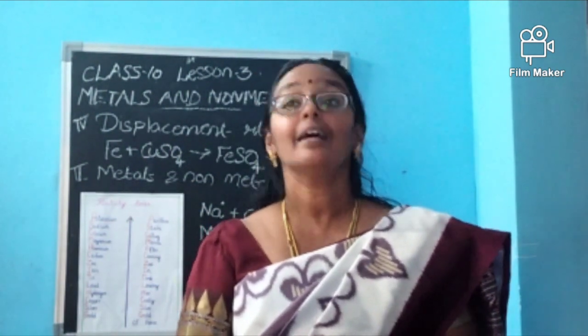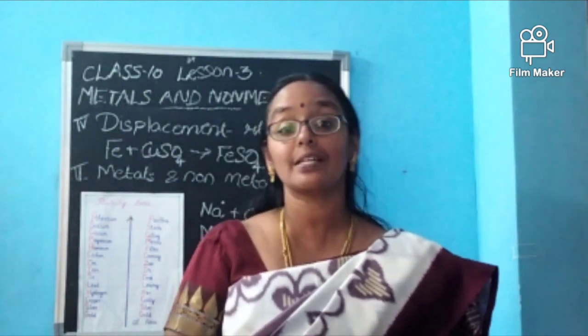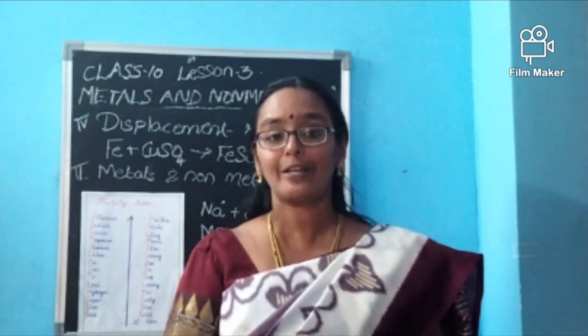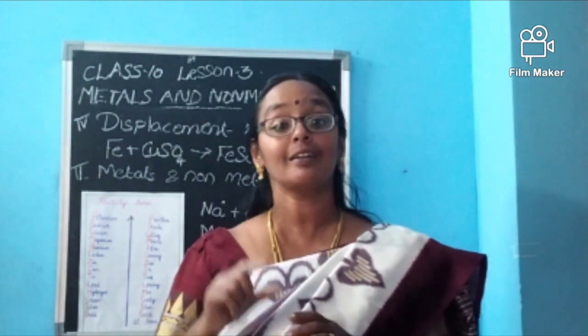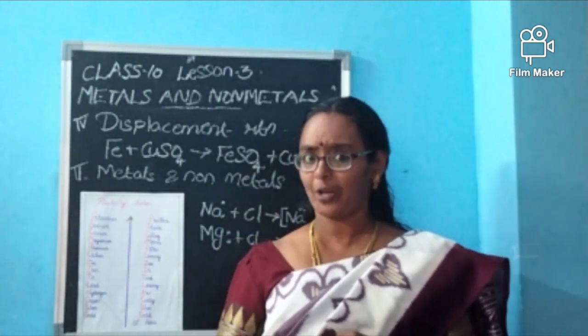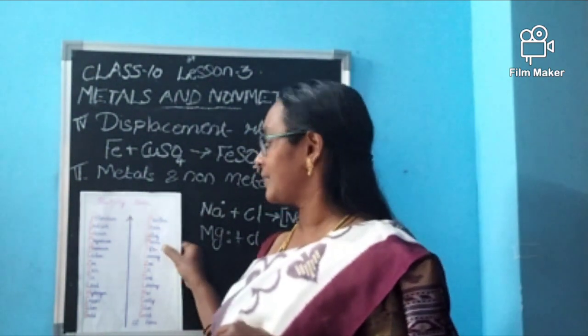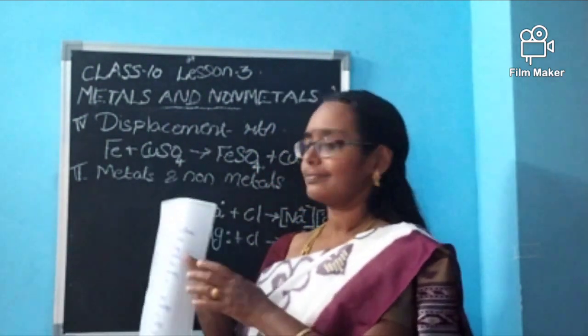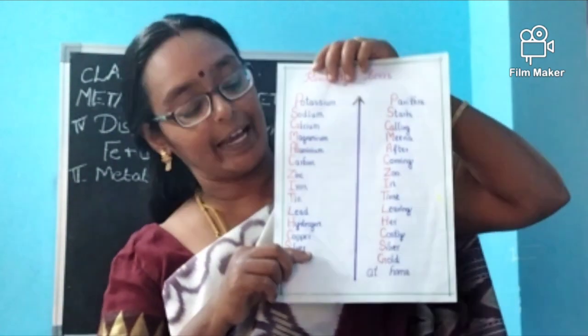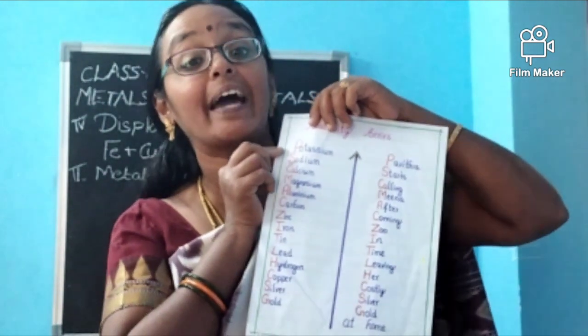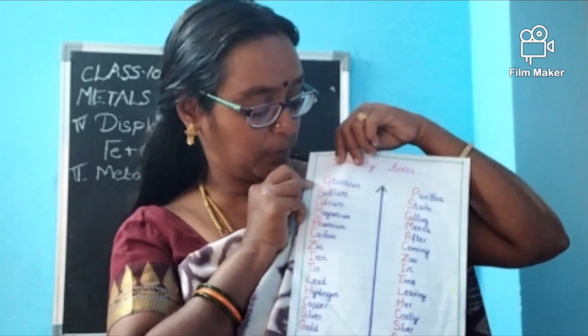We can't say that. I told you there is a series called the reactivity series, and based on that, displacement happens. We have seen an introduction to it and mnemonics also. According to the reactivity series, the most reactive one is potassium.